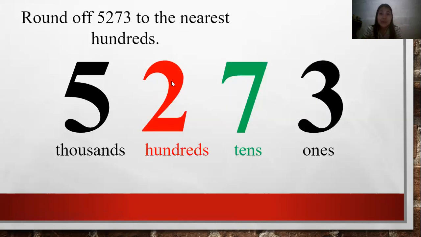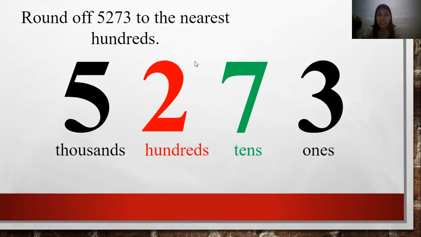Magiging 3. Kapag kukuha tayo ng 1 kay 7, idadagdag natin kay 2 kasi malaki si 7. Nasa 5 pataas siya o 5 to 9. Mag-a-add tayo ng 1 kay 2. Eh sabi po, round off 5,273 to the nearest hundreds.